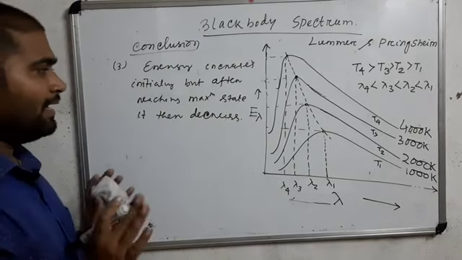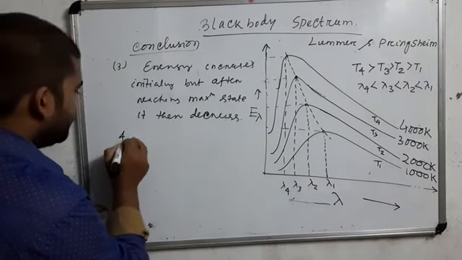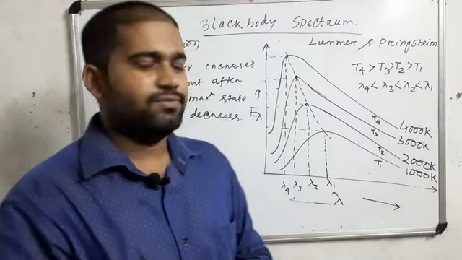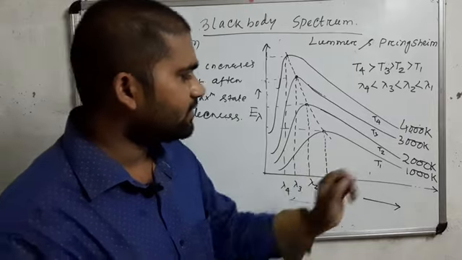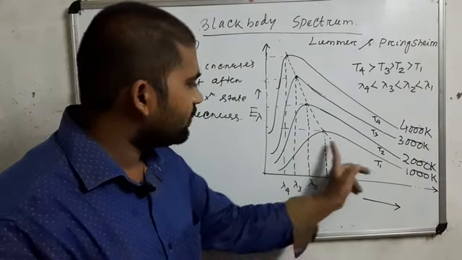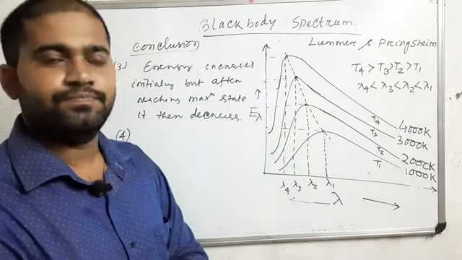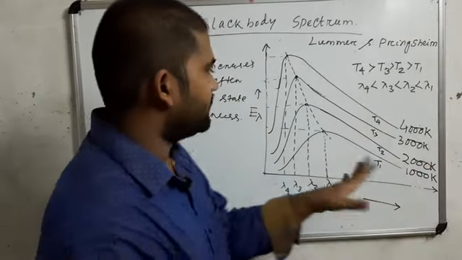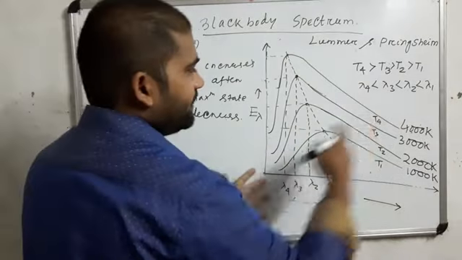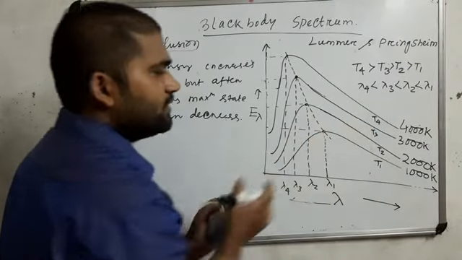Okay, another important thing from the curve is that if you observe the area under the curve, at low temperature, the area under the curve is small. But as we increase the temperature, the curve becomes wider. The curve becoming wider means its area gradually increases.